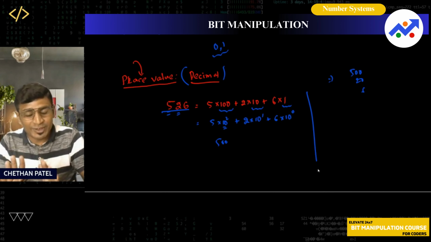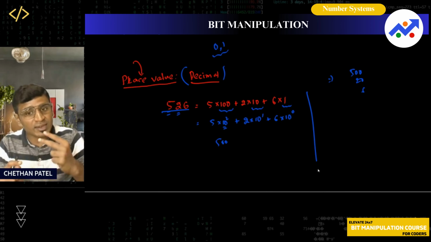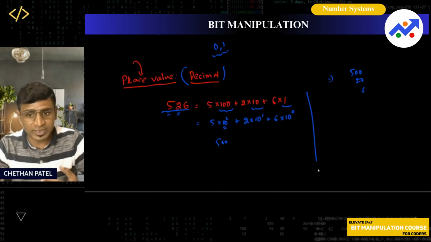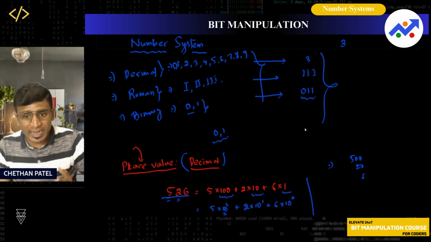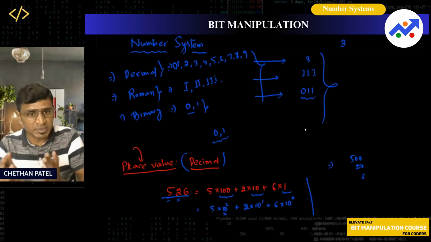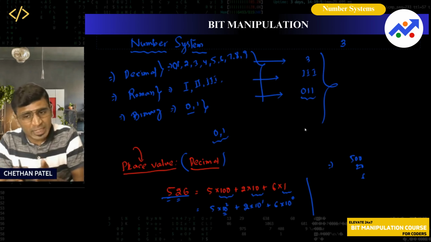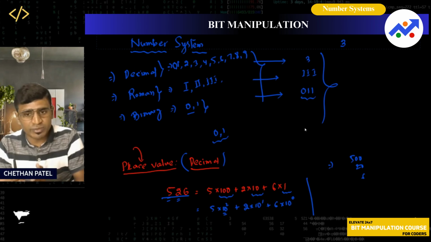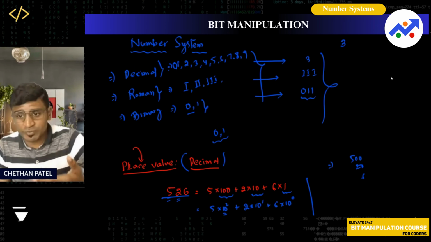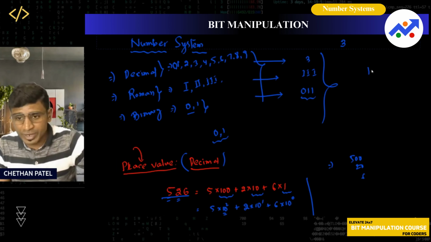But as far as this video, we have learned two things. Please understand, we understood what exactly a number system is. A number system is just a mathematical notation or representation for a number. Suppose I have 10.